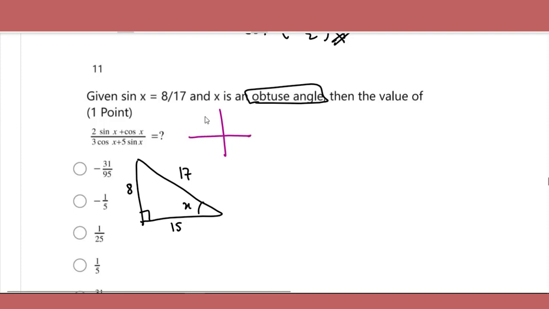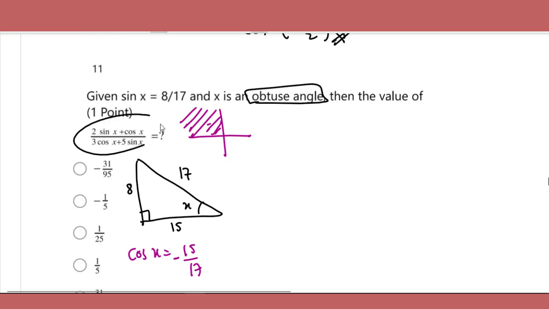Below here is the reflex angle, and the first quadrant is the acute angle. So this angle x lies in the second quadrant. So we are going to find cos x. Here cos x is equal to negative 15 over 17. Why? Because cos in the second quadrant should be a negative value.